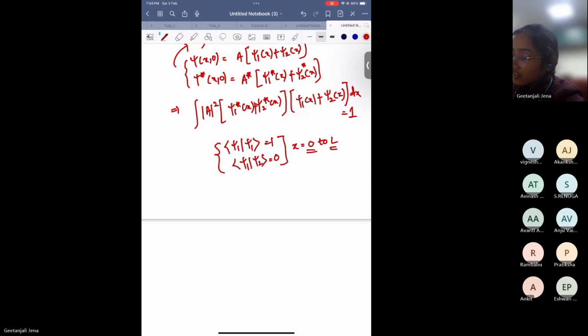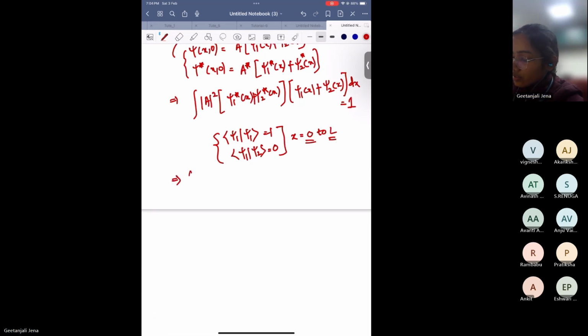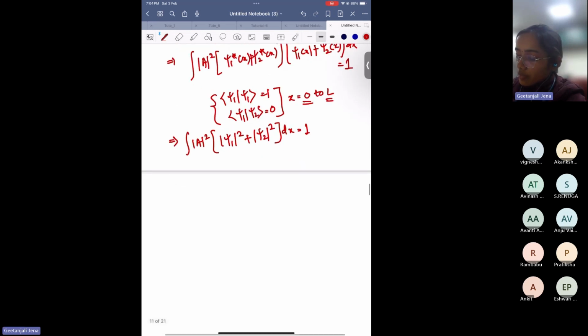So you can just write it as A square, psi1 square plus psi2 square. The cross terms, like psi1 star psi2 and psi2 star psi1, will give 0, so I have not written them. These are orthonormal, so this will give 1 and 1.